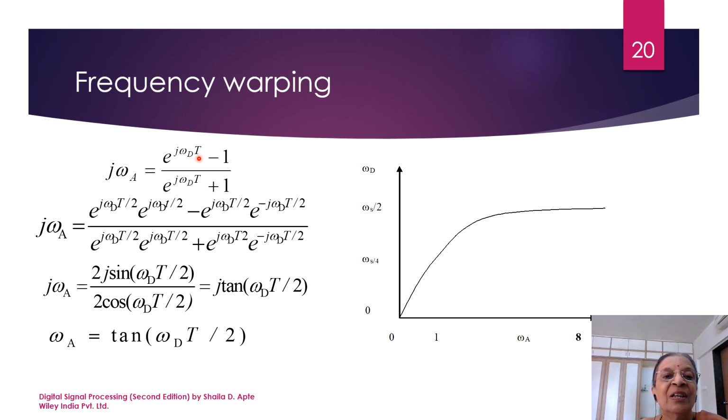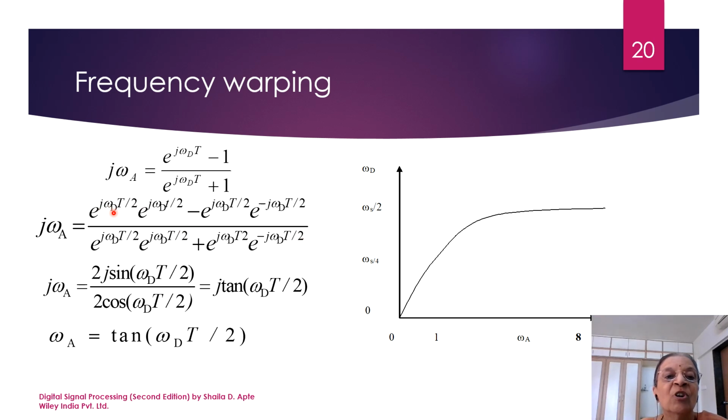So e raised to j omega d T, I will write as e raised to j omega d T by 2 into e raised to j omega d T by 2. The minus 1 also I will write in a similar manner, as e raised to j omega d T by 2 into e raised to minus j omega d T by 2. So this will cancel and I'll get 1. So in place of 1, again I'll write in the same manner.